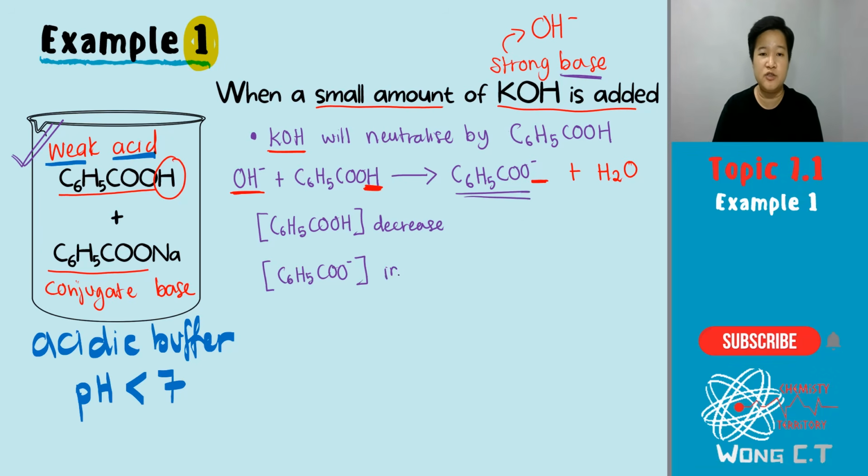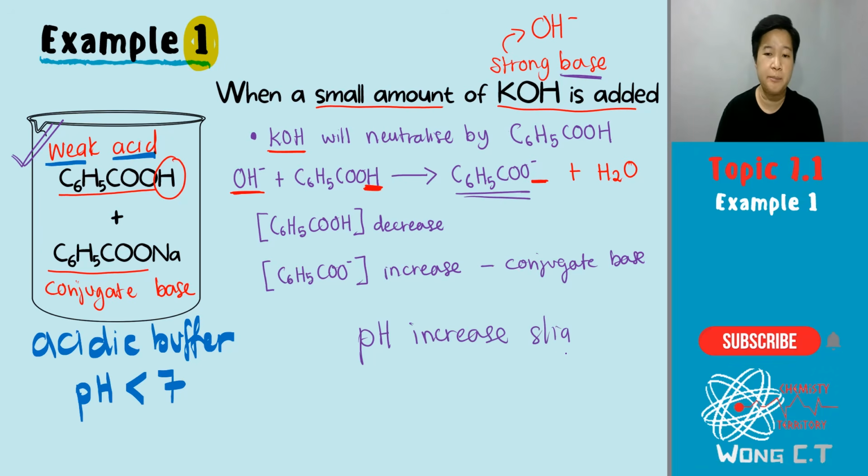Therefore, the concentration will increase. Make sense? And the one that increases is your conjugate base, guys. And therefore, the pH value over here shall increase slightly. So when you calculate, the pH value will increase very, very slightly from the original pH value that we have.